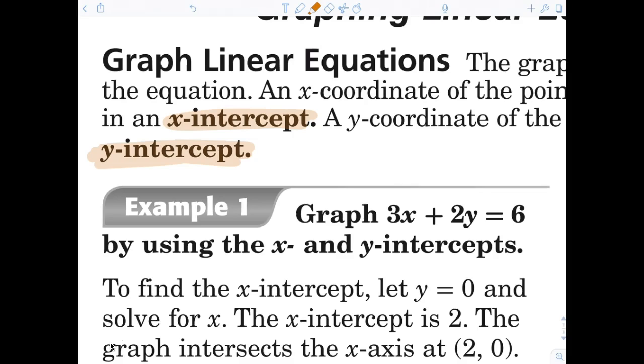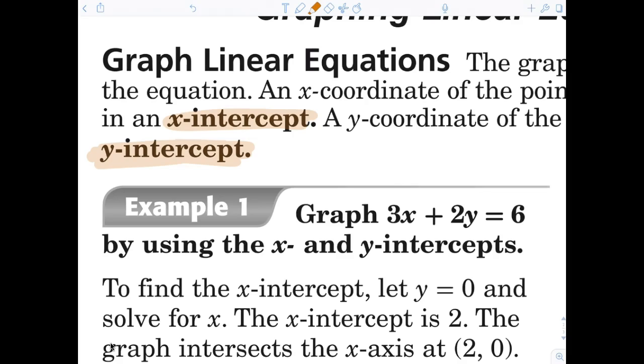And the y-intercept is where the line crosses the y-axis.